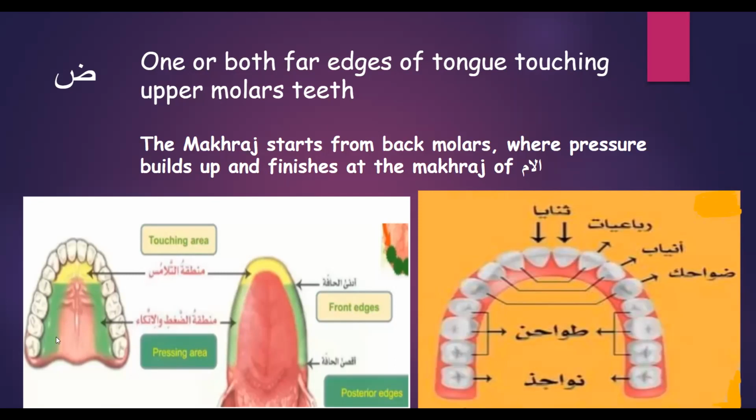This will be the area where you need to put pressure on. You do not leave the tongue from here, even though this is only a touching part. You do not leave this tongue off from this place. So you keep pressing against your teeth along with the sides of the tongue, from here till here, right or left.